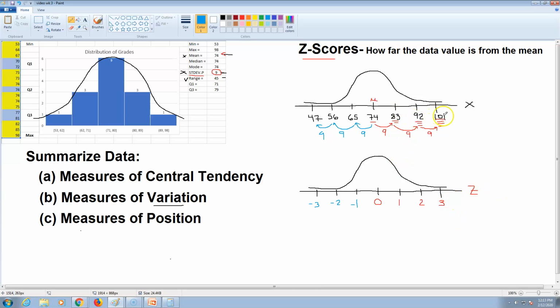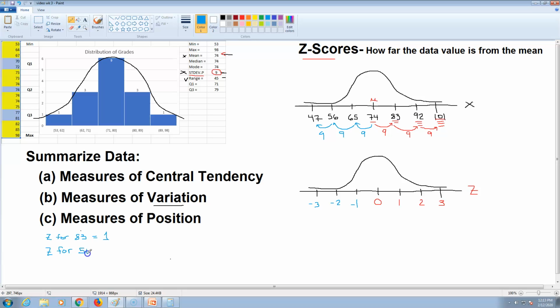Each of these numbers has a z-score that you see on the number line. So if I ask you, what is the z-score for 83? The z-score is 1. If I ask you, what is the z-score for 56?